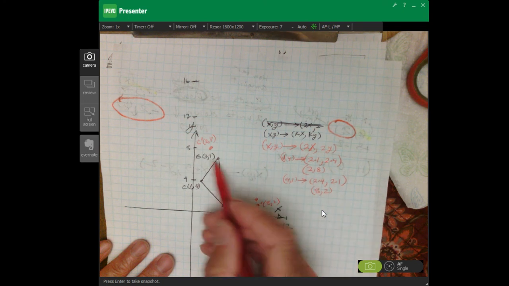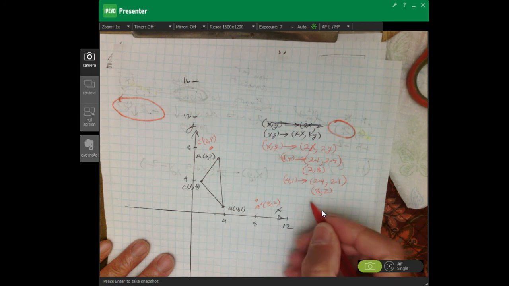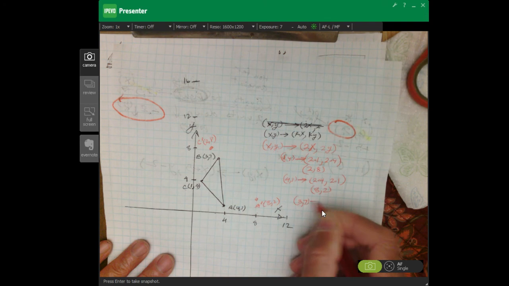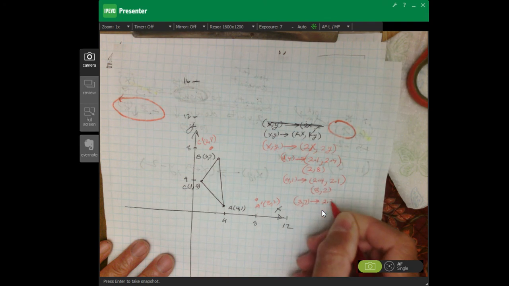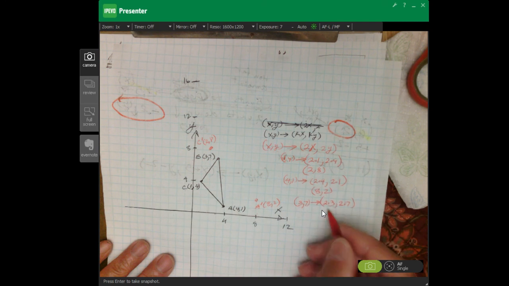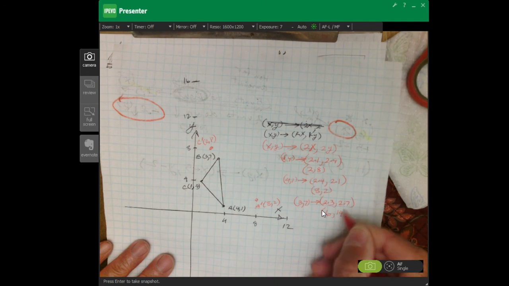And then finally, the last one is 3, 7. So when we do that, 2 times 3, 2 times 7. 2 times 3 is 6. 2 times 7 is 14.